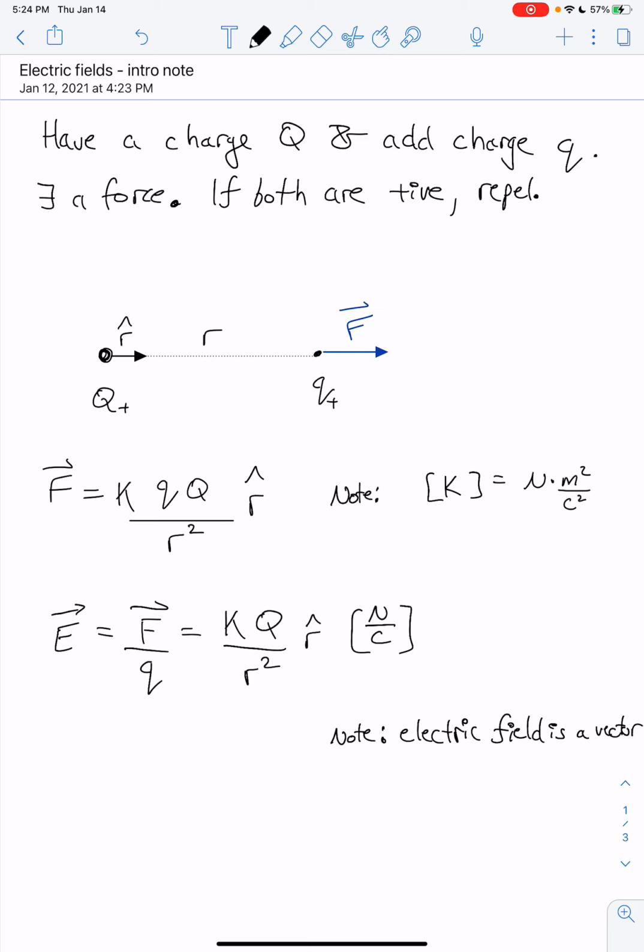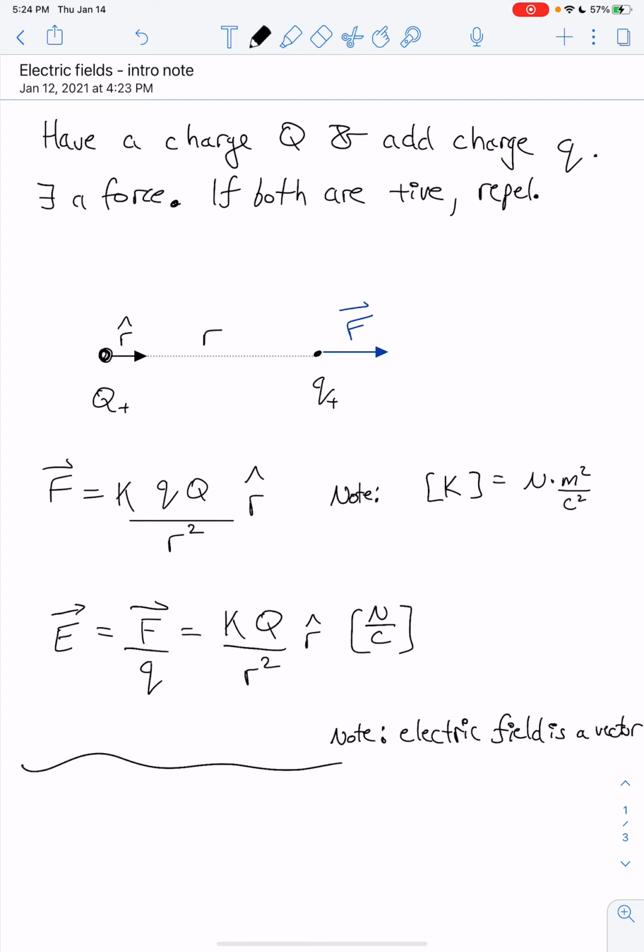And remember, every time we've placed a test charge, which by convention is always positive, anywhere in that region, we get a magnitude, which is the strength of the interaction, and we get a direction. And if it's a positive and a positive, that direction is away from the large Q.